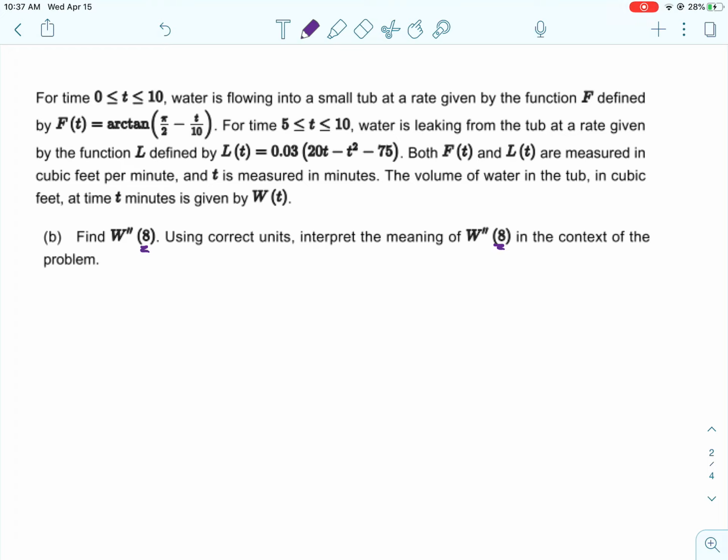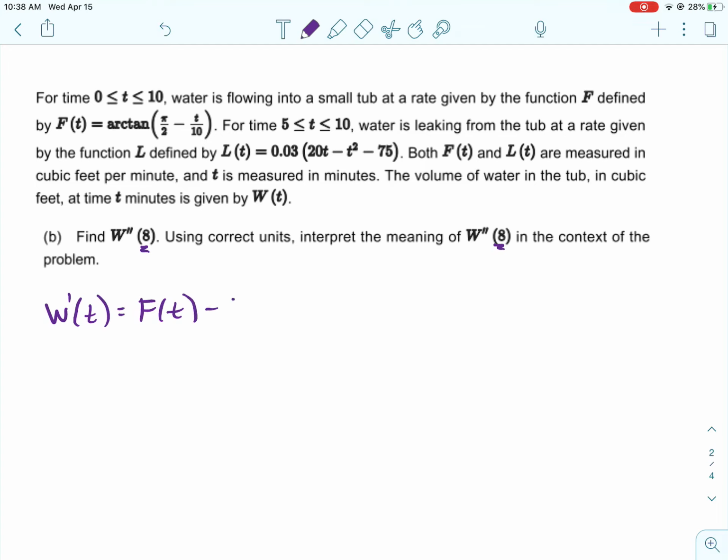The next question is asking us to find the second derivative of W of t at time equals 8. At time equals 8, we have water flowing in and we have water leaking out.